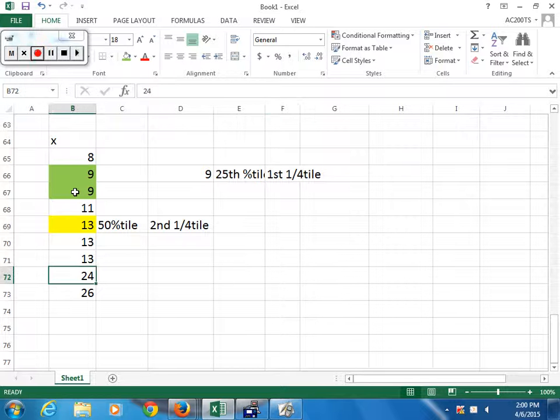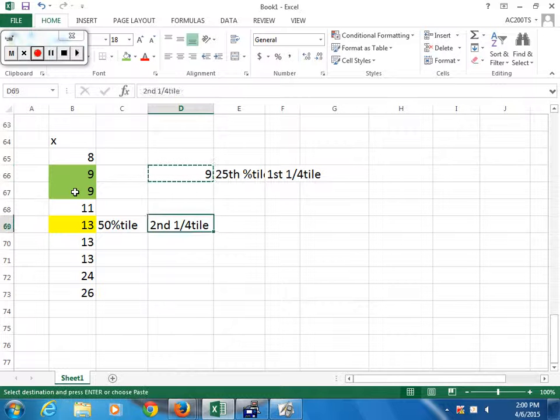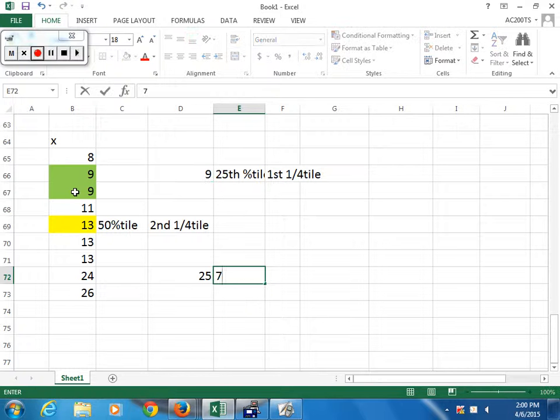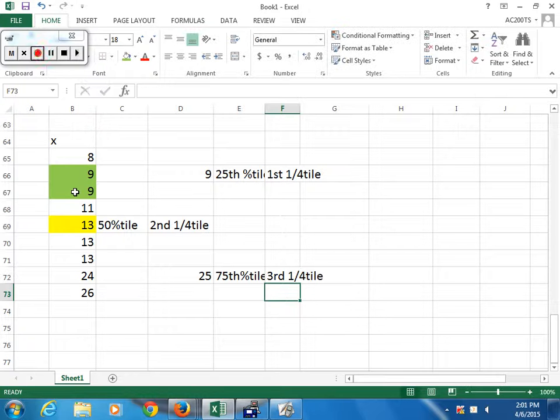And then same thing down here. And that's our 75th percentile, or our third quartile. And that's how you find the percentiles and the quartiles.